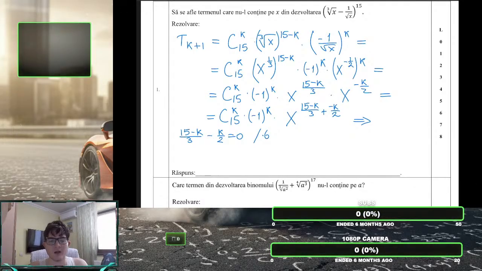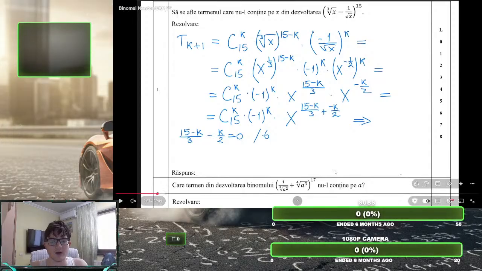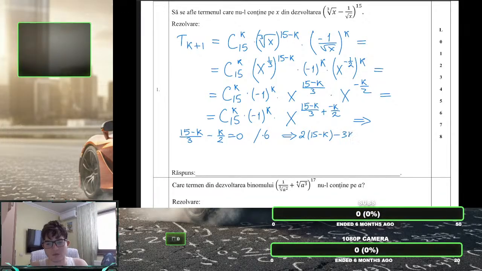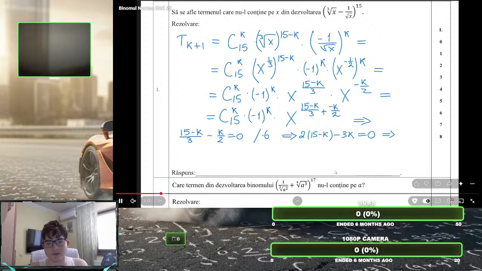Multiply by 6 so that we can essentially work with everything. So we're just going to have on top there 15 times 6, that is 90 minus 6k minus 6k once again, so 90. So anyways, it's like that for now.